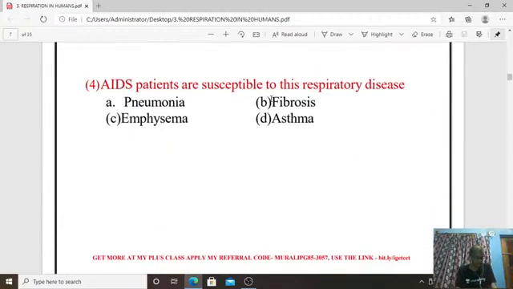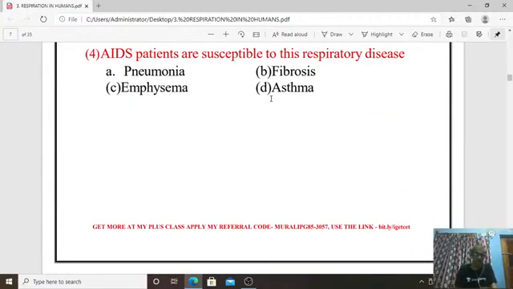Next, the fourth one. AIDS patients are susceptible to this respiratory disease in the highest percentage. So HIV or AIDS patients are susceptible to which disease? That is pneumonia.